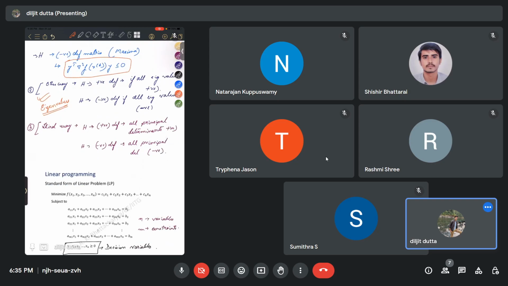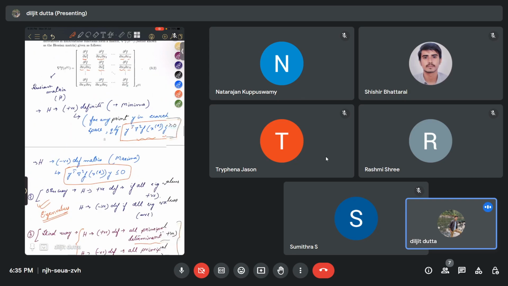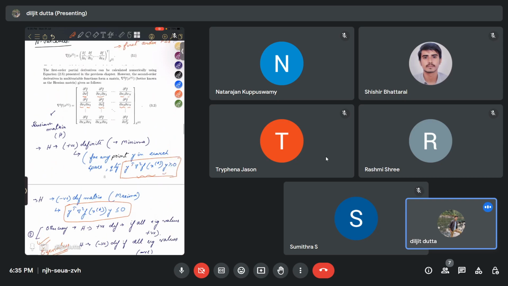And a third way to define a positive definite and negative definite matrix is using principal determinants. A Hessian matrix is positive definite if all the principal determinants are positive. How do we define principal determinants? The first term is the first principal determinant, then taking the second square is the second principal determinant, taking the third is like that, and finally up to the nth term is the nth principal determinant.